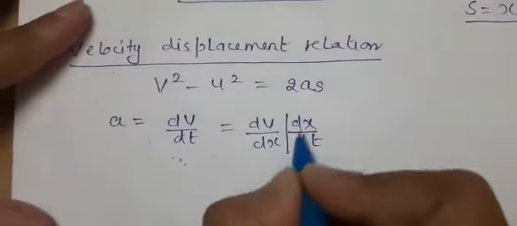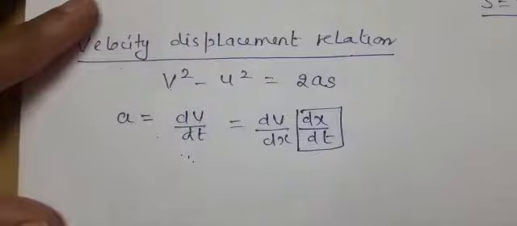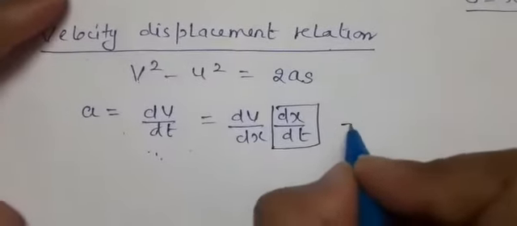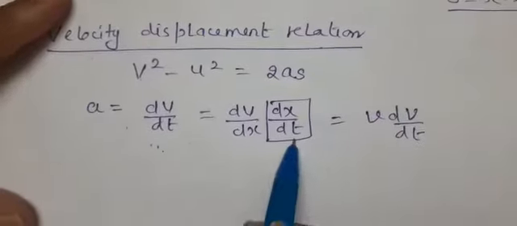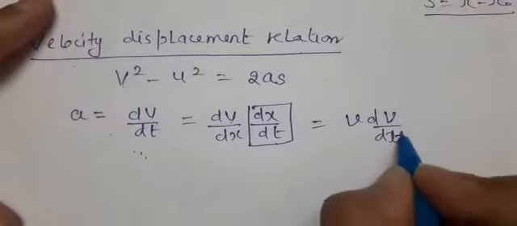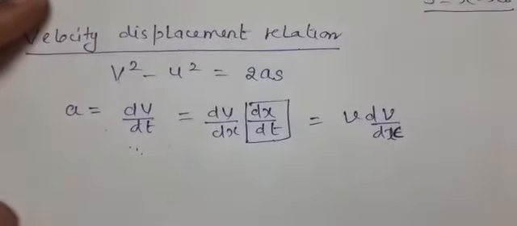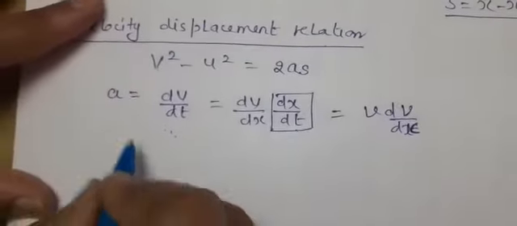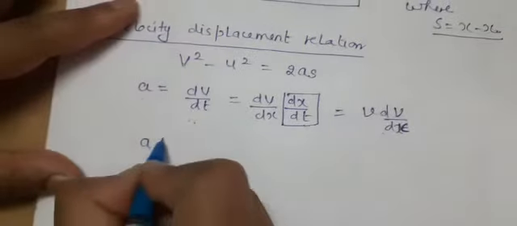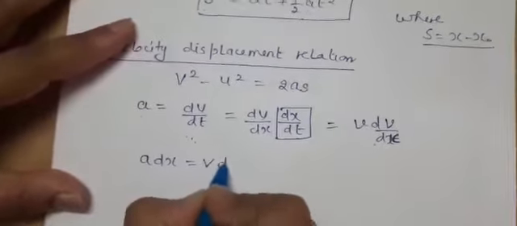Now you can see this dx upon dt, yes, this is velocity. The first derivative of position is velocity. So it is v into dv by dx. dt we have eliminated, so v into dv by dx. So now we can write from this equation a dx equal to v dv.